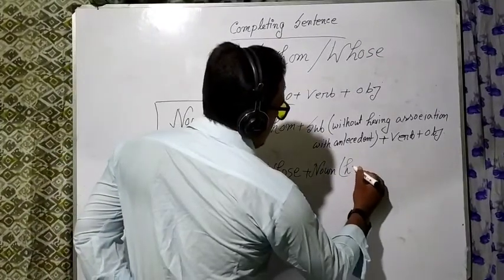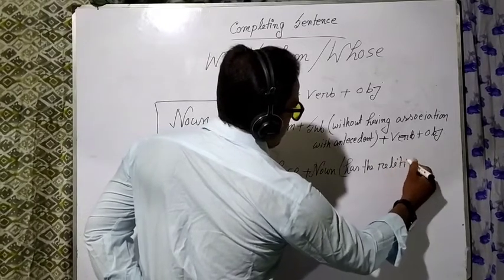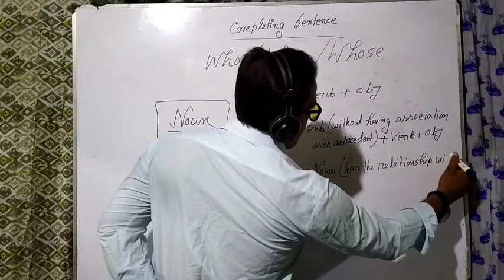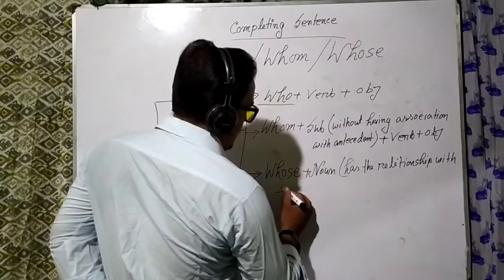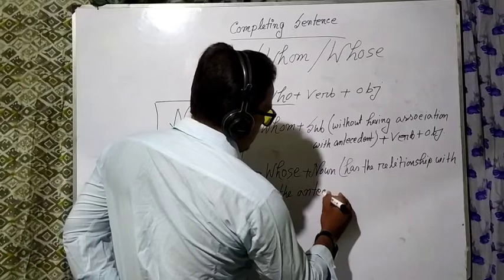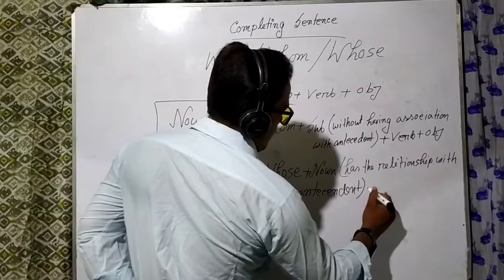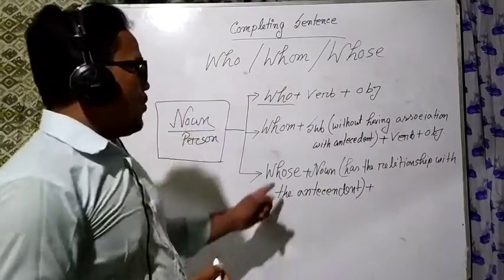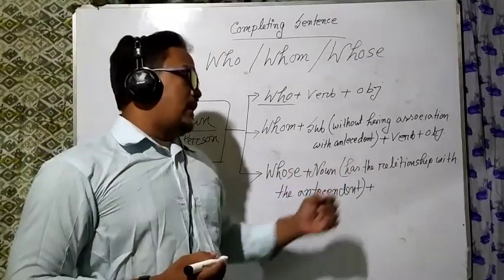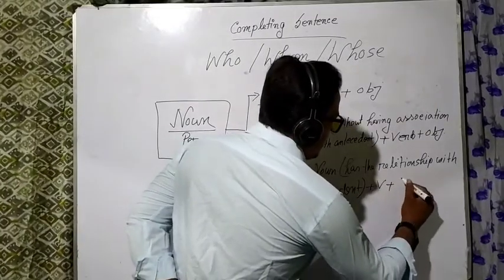Has the relationship with the antecedent. Okay, whose plus noun which has the close relationship with the antecedent plus verb plus extension.